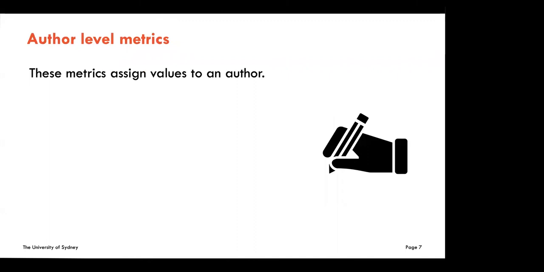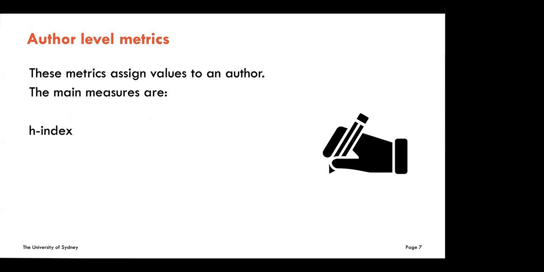So author level metrics assign bibliometric values to an author and their work. The main one that you'll see in here is the H-index. That is how many articles you have that have been cited at least that same number of times. If I've got 10 papers and 4 have been cited at least 4 times, I have an H-index score of 4.